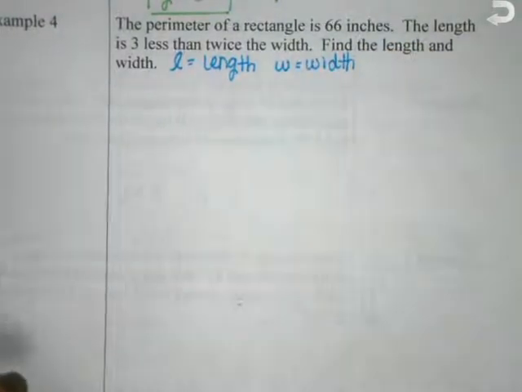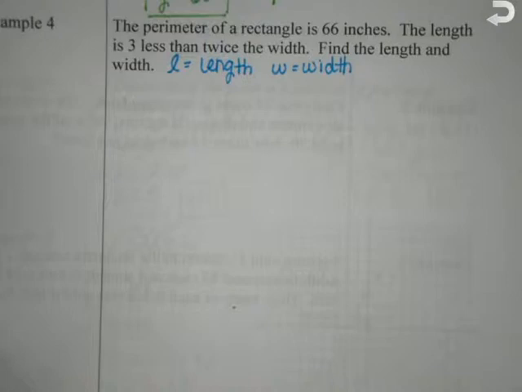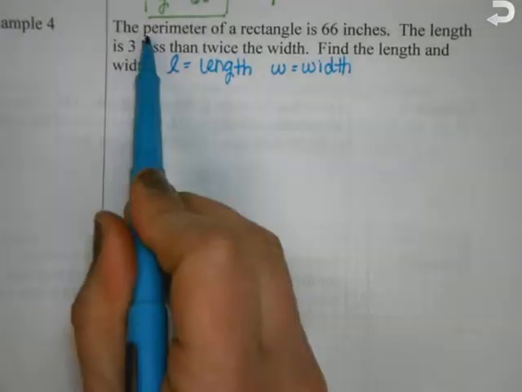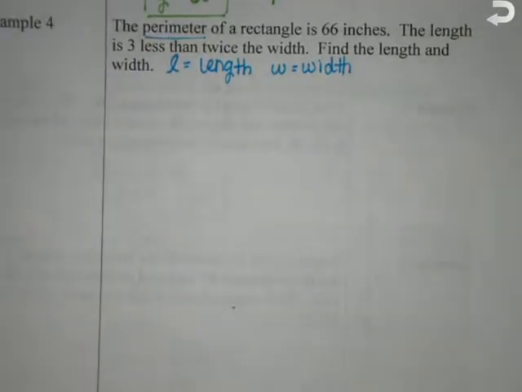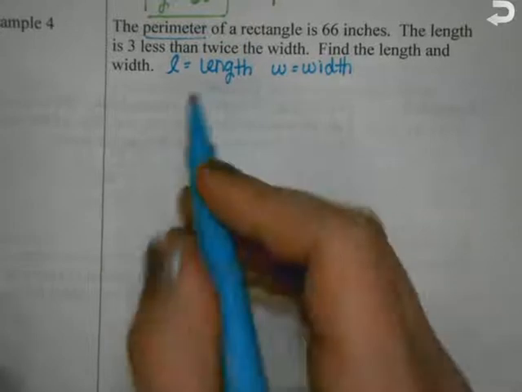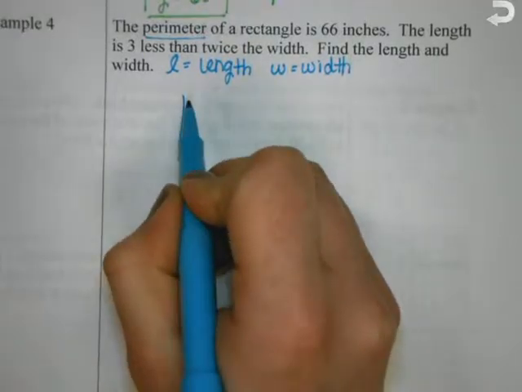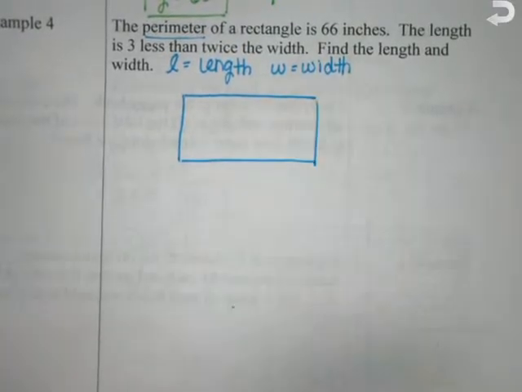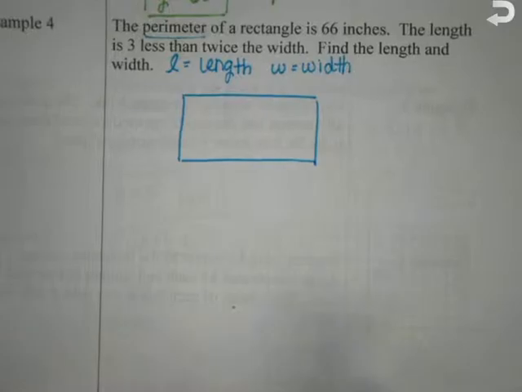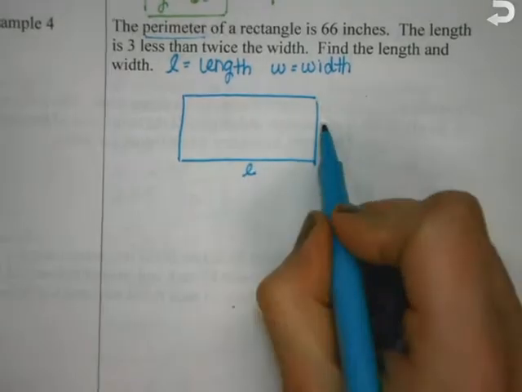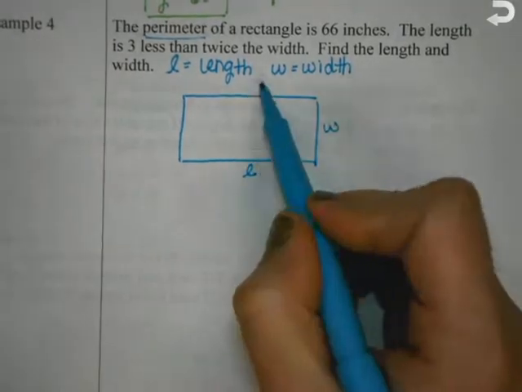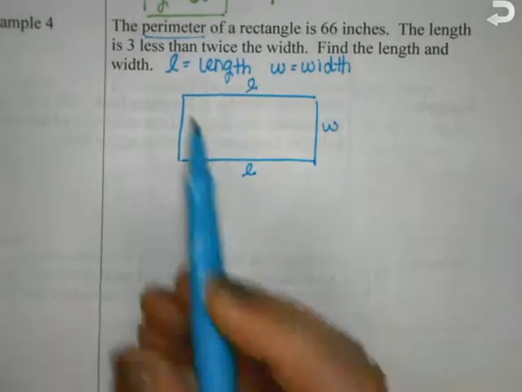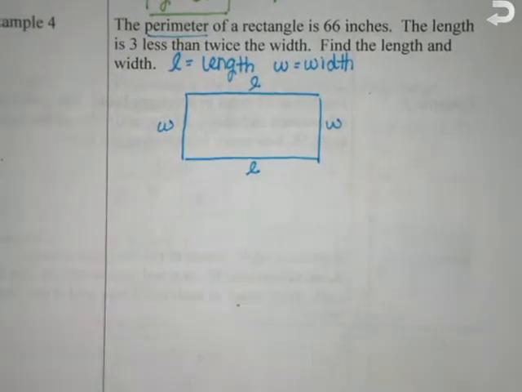Now what do I always tell you guys to do first for these types? Let's draw a rectangle to see what we're working with here. Visual. This one is length, this one is width. Let's write our first equation first.